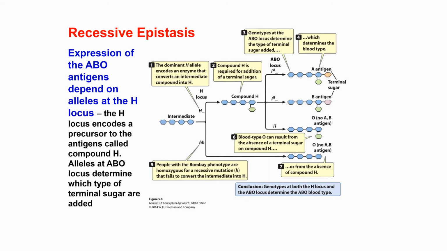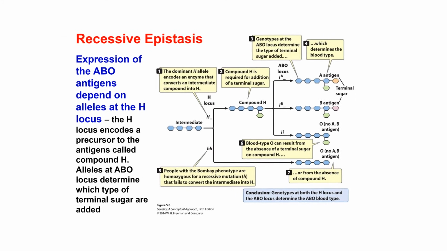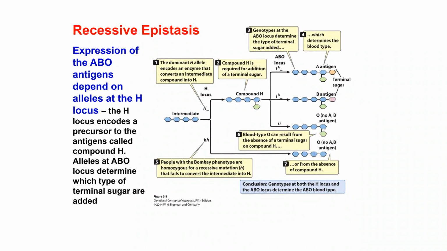Let's step back and remember how the blood groups are encoded. You recall that on the surface of red blood cells, you have the basic chain, which is an intermediate chain formed by glycolipids or glycoproteins. Now, this chain alone is not sufficient.